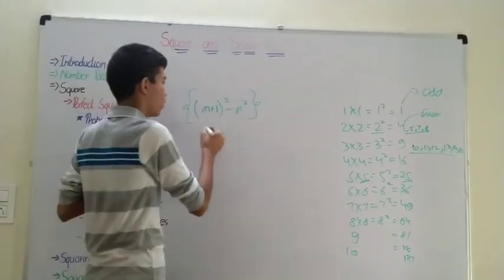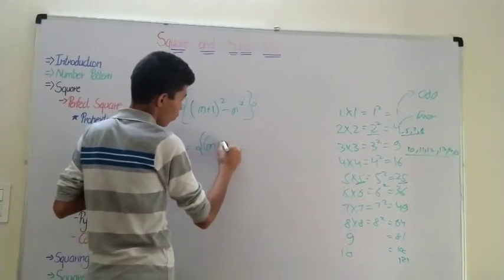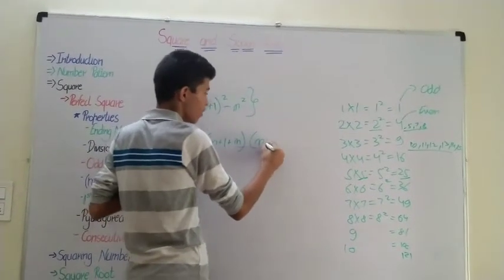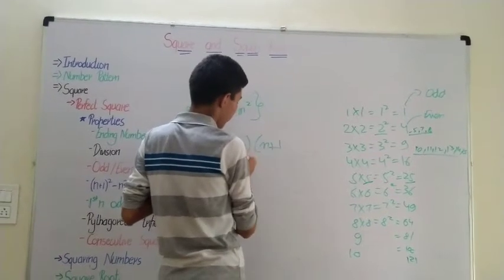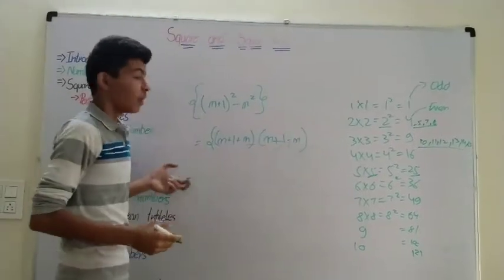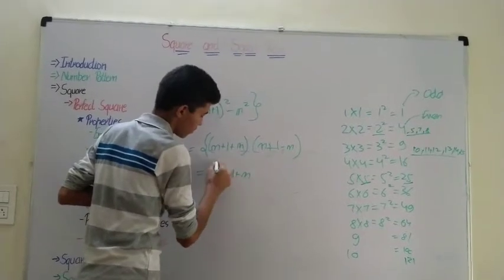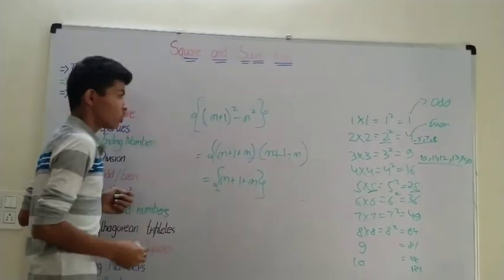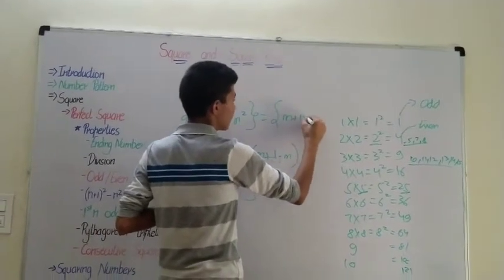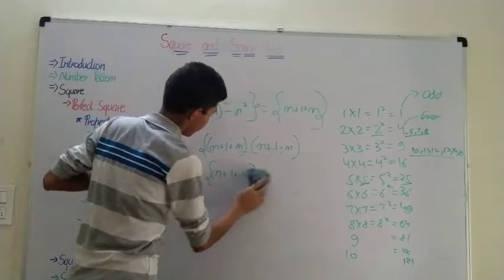We can write this expression as (n plus 1 plus n) multiplied by (n plus 1 minus n). This simplifies to n plus 1 plus n. So this would be our simplification of this expression.